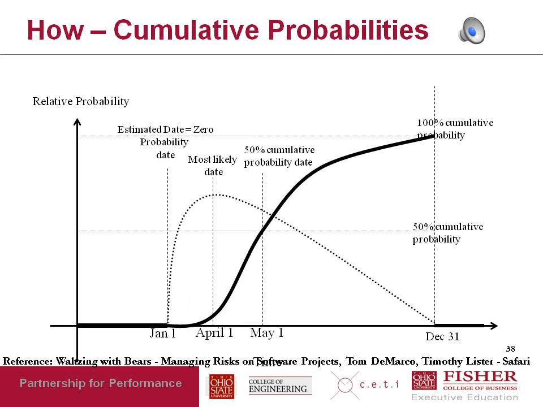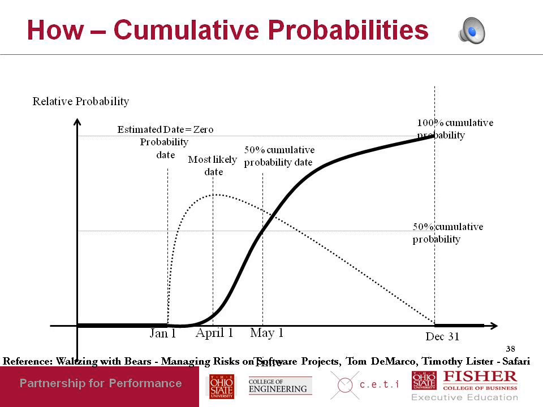So this is the same graph, except that we have plotted cumulative probabilities. The earlier graph had the probability that a project would complete on a particular date. This graph is the probability that a project will complete on or before a particular date.